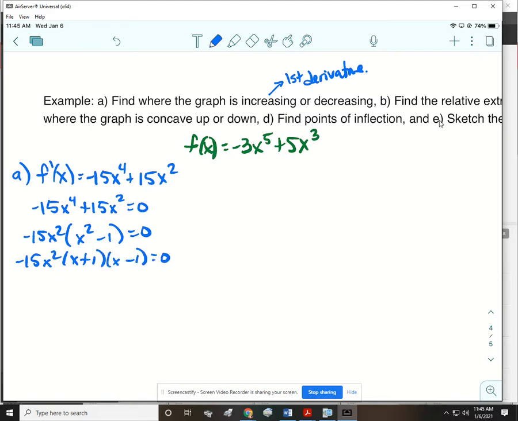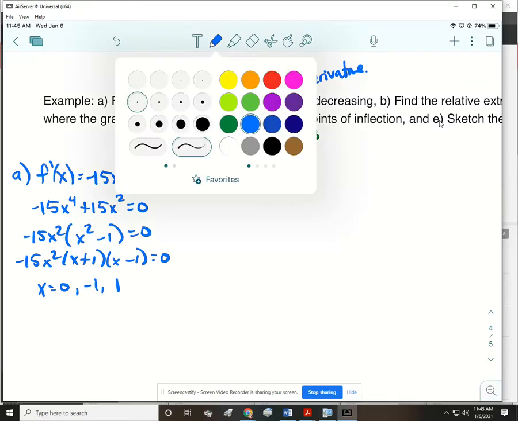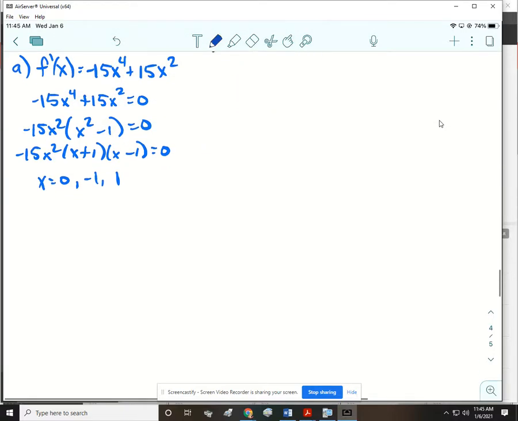So we're getting 3 critical numbers here, 0, -1, and 1. All right, so what we'll do with them is go to a number line. I'm going to move it down slightly.